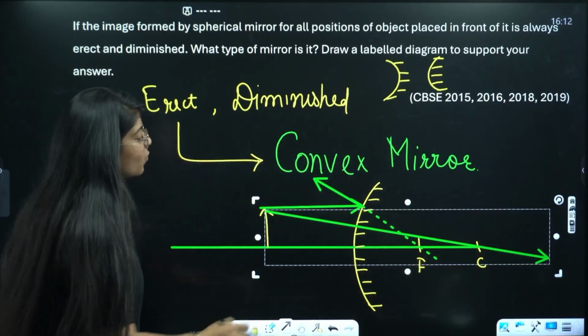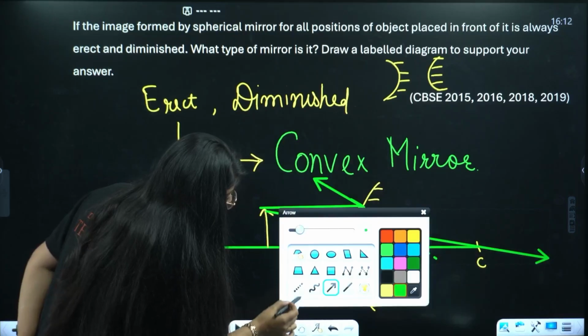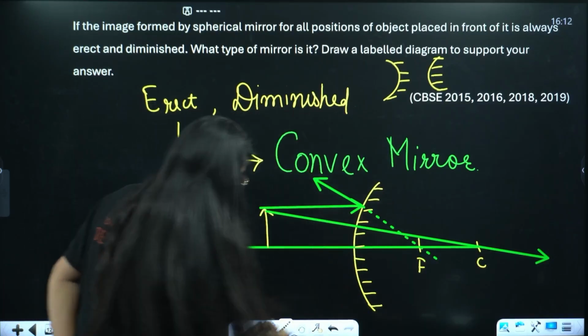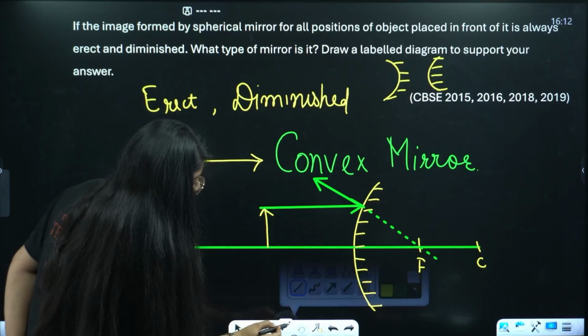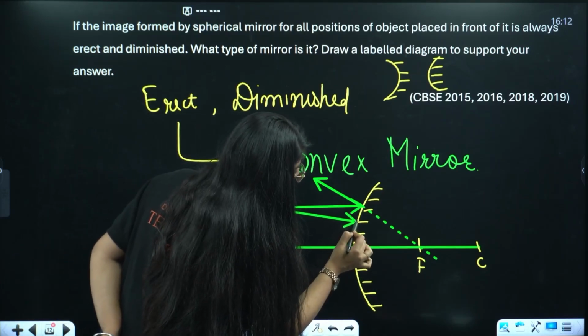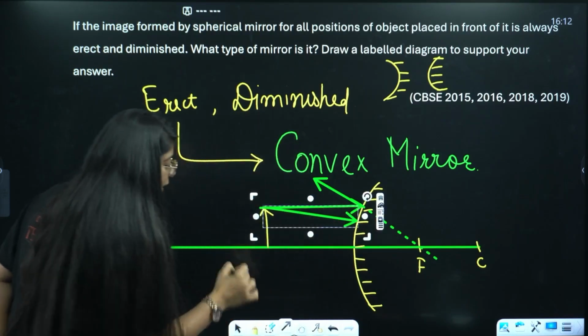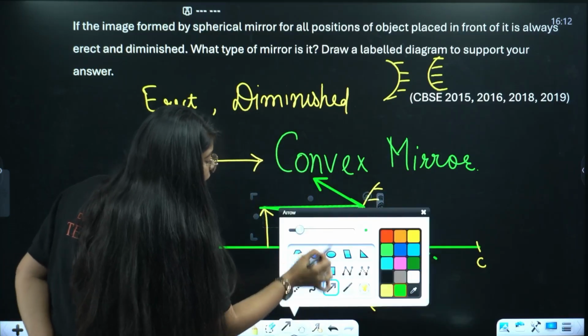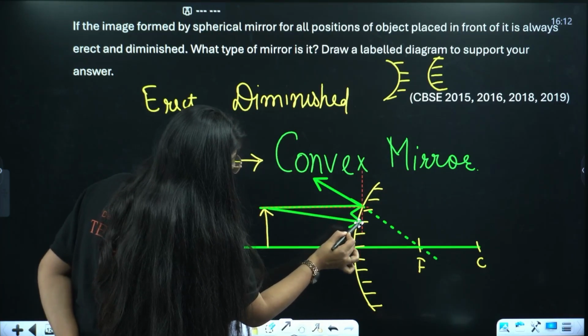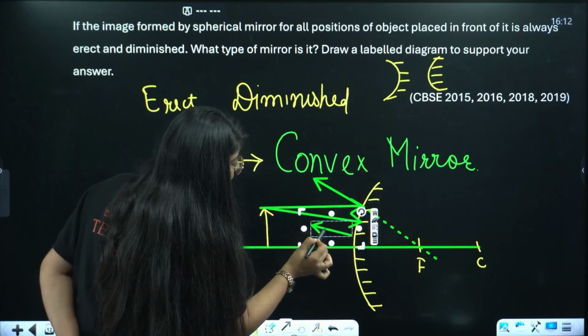And since we know when it goes towards the center of curvature, it will bounce back and follow the same path.